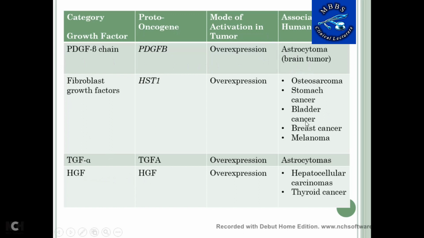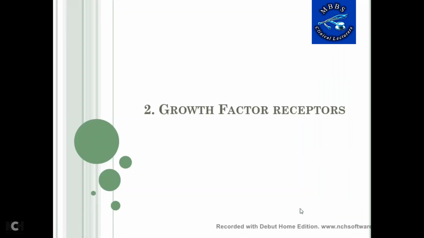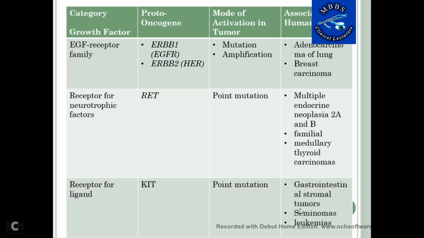PDGF is involved in brain tumor, fibroblast growth factor in multiple types of cancers like bladder cancer, stomach cancer, breast cancer. TGF is involved in astrocytoma, and hepatocyte growth factor is involved in hepatocellular carcinoma or thyroid cancers.